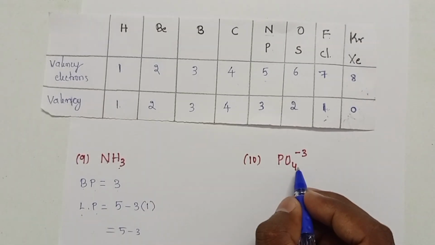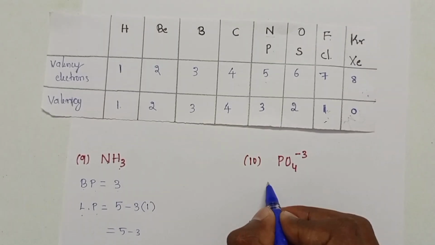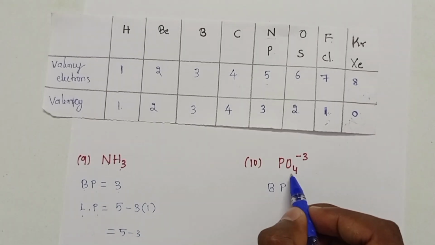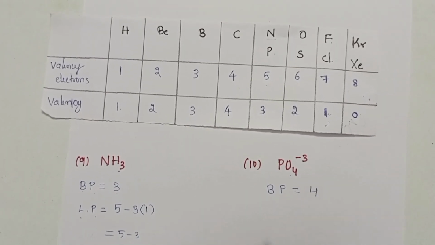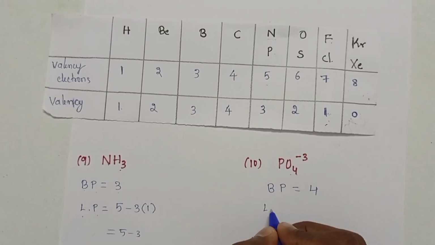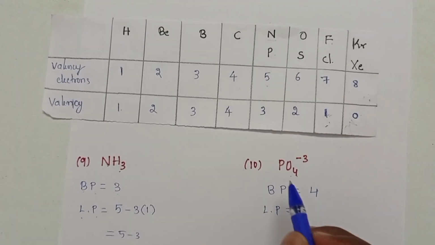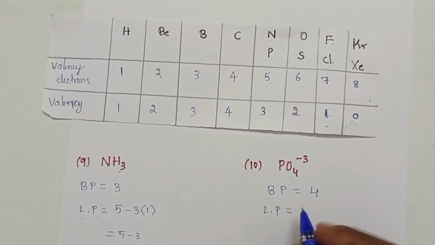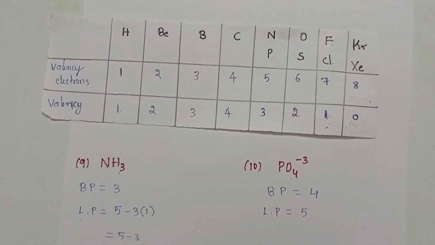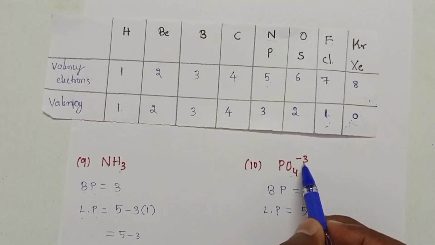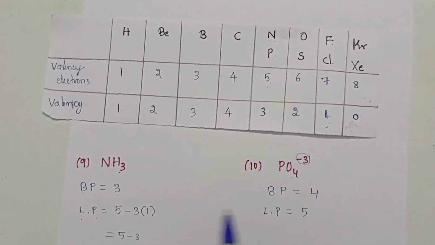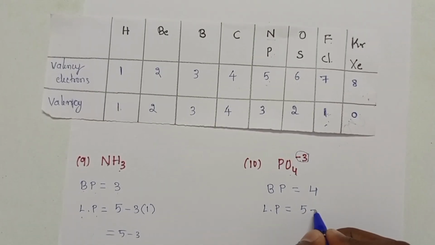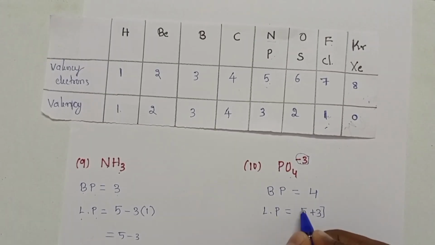Similarly for PO4 3 minus, right? I will take for example bond pairs. So the same, the number of surrounded atoms, how many? 4. Therefore the number of bond pairs is equal to 4. For lone pairs, first we have to go with the number of valence electrons of the central atom, that is phosphorus, how much? 5, right? I will write 5. Then we have to look at the charge of the compound, how many? Minus 3, right? So here minus 3 means we have to add the 3 electrons, right?